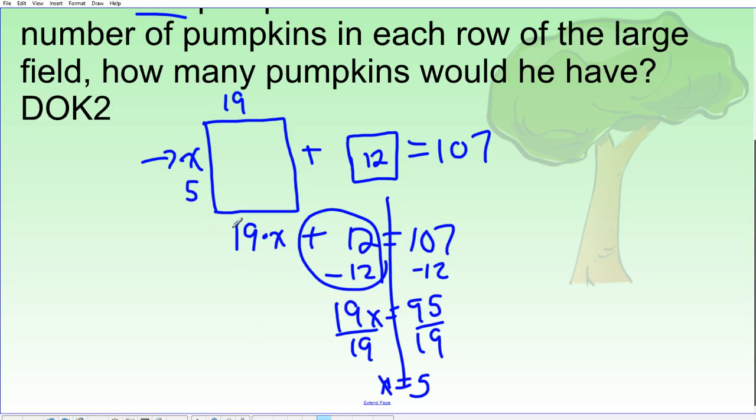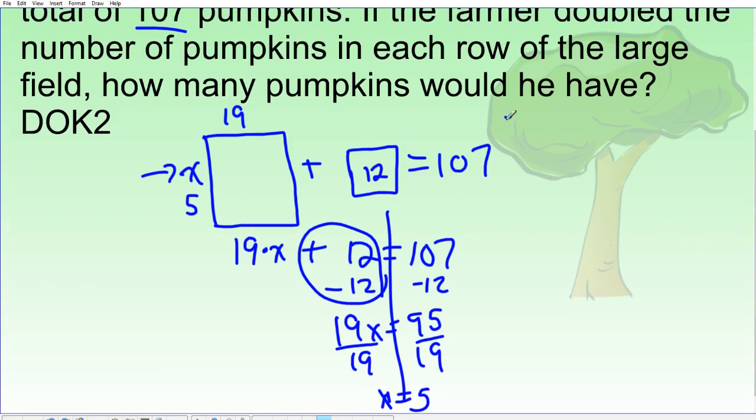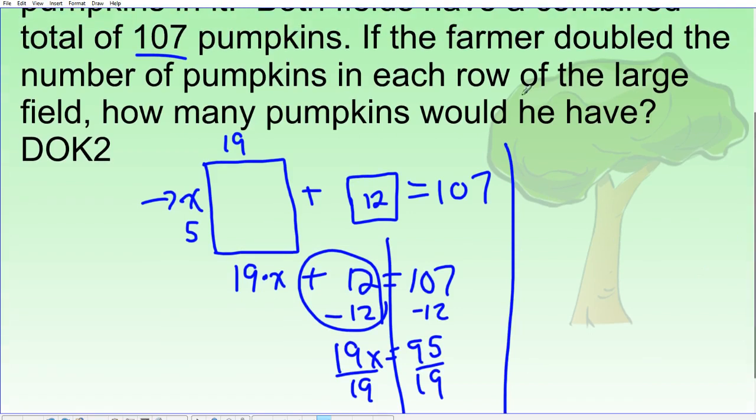So 19 rows times 5 pumpkins in each row gives you 95 pumpkins, plus this other 12 takes you up to a total of 107. The math works out. Now the question is not done. The answer is not 5, because the question says if the farmer doubled the number of pumpkins in each row of the large field, how many pumpkins would he have? So if you took this and doubled it, double means times by 2, then he would have 10 pumpkins in each row.